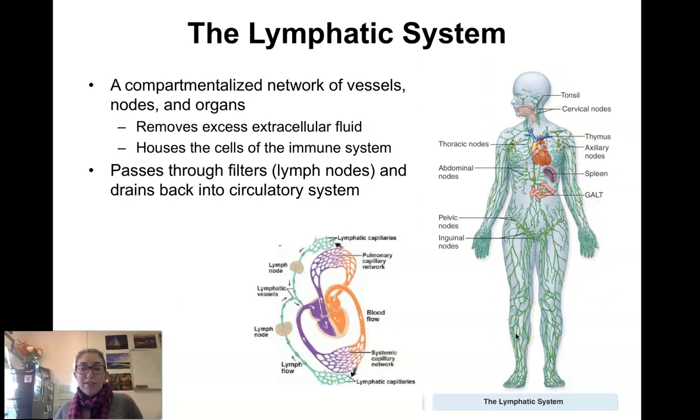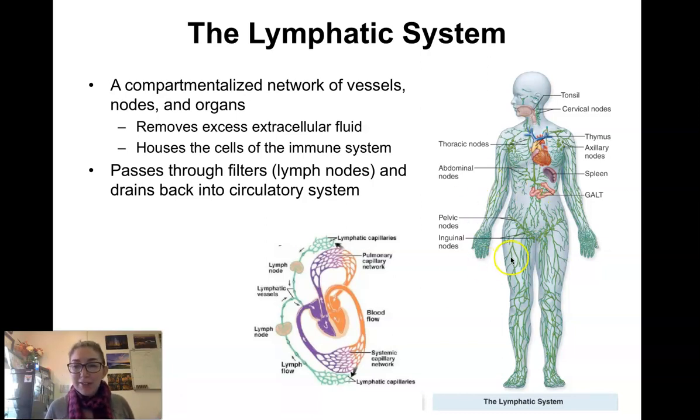Of course it's important for the immune system, but another thing that it does is it removes excess fluid. Like water that's stored in the tissues can be removed via the lymphatics. We saw in a previous chapter somebody with elephantiasis, swollen legs because of a backup and buildup of fluid because the lymphatic vessels were blocked by a filarial worm.